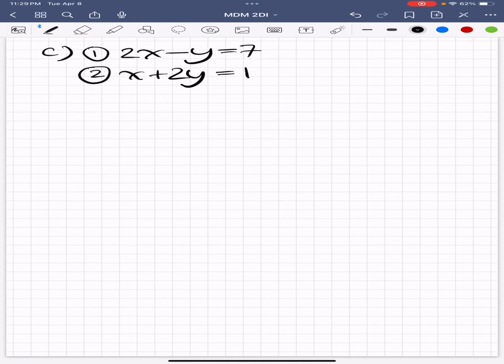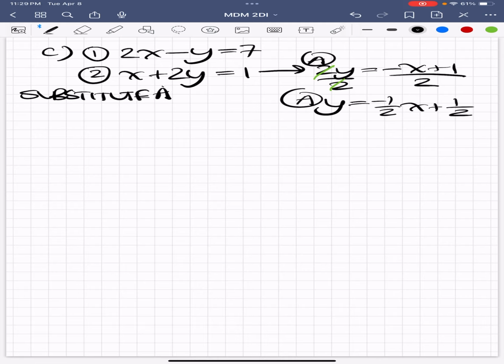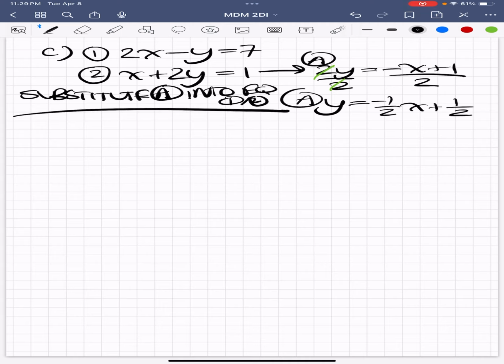Alright, I'm going to choose equation 2 to isolate. Then equation A. Okay, so we have equation A, which when we isolated y became negative 1/2 x plus 1/2.